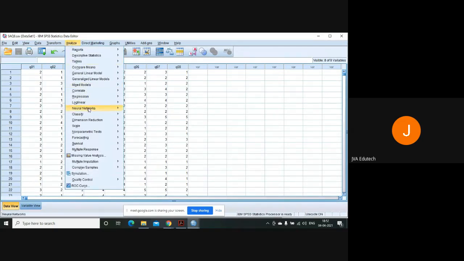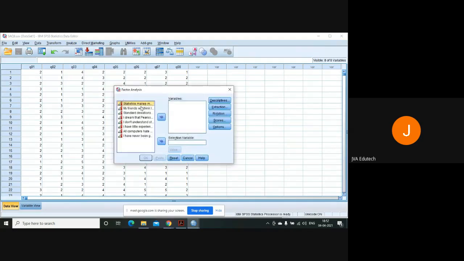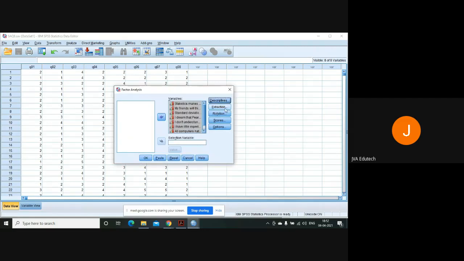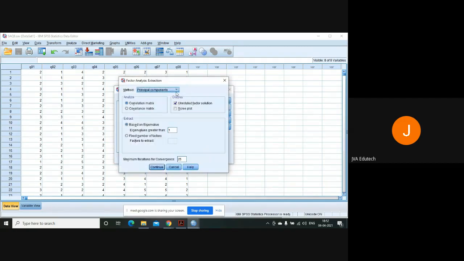Go to Analyze, then Dimension Reduction, Factor, and select all your variables, be it items. I will first go to Descriptives, and leave it as it is right now. First, go for Extraction.